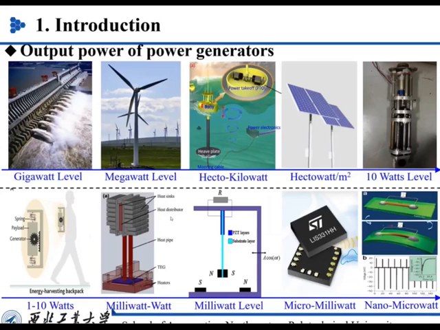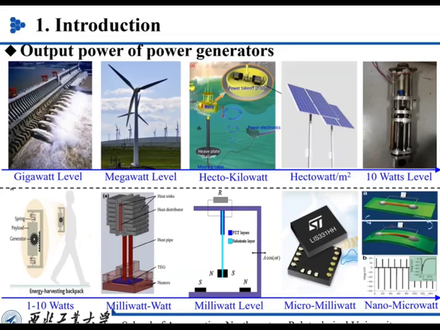The third picture of the first line is a buoy harvesting energy from ocean waves. Its power is from the hectowatt to the kilowatt. The solar panel may have output power of about a hectowatt per square meter.